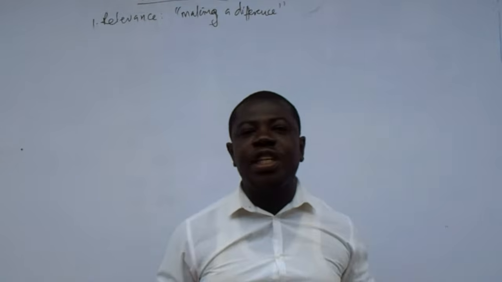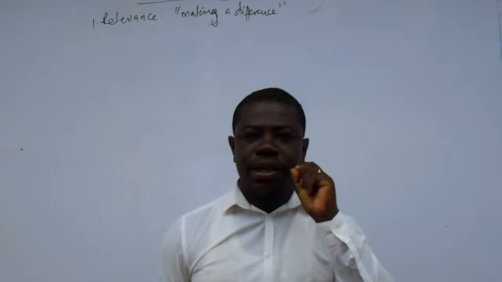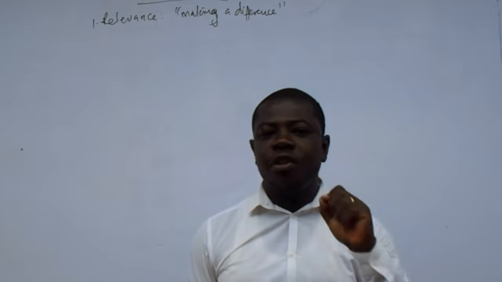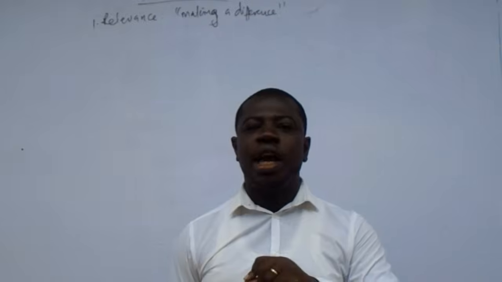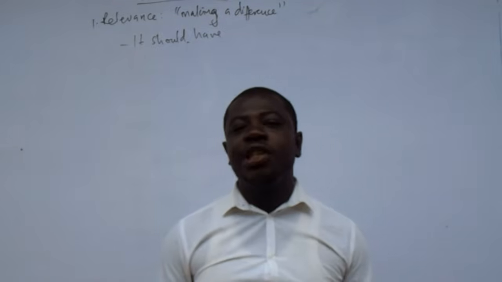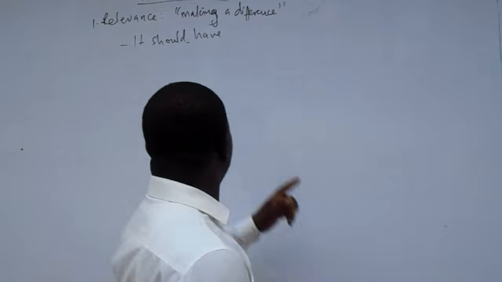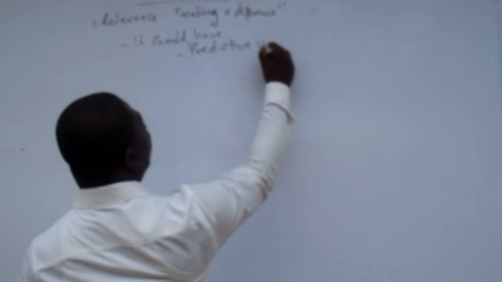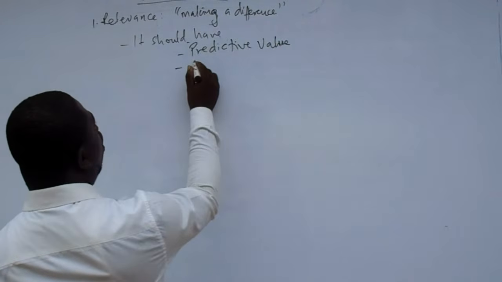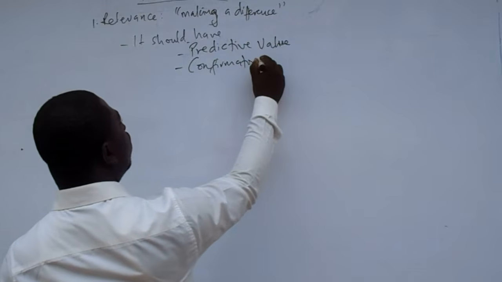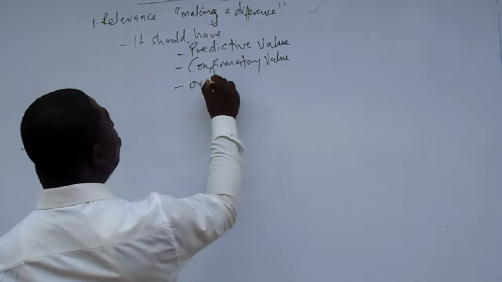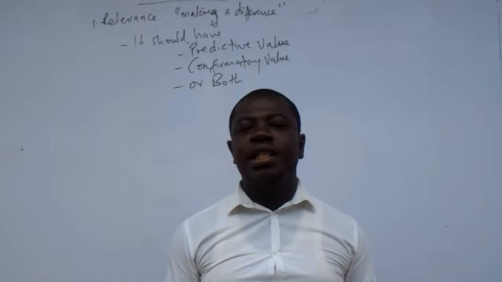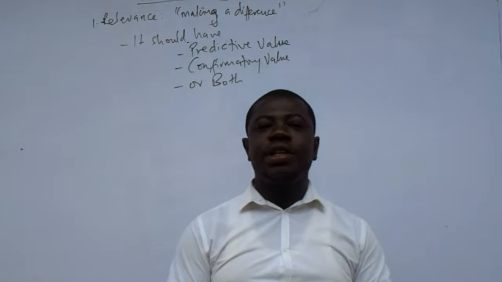Now, relevant information will not be able to make a difference unless it has some qualities, and that is that it should have a predictive value or a confirmatory value, or both. So for relevance, we are saying that relevant information is able to make a difference in the decision of the users.